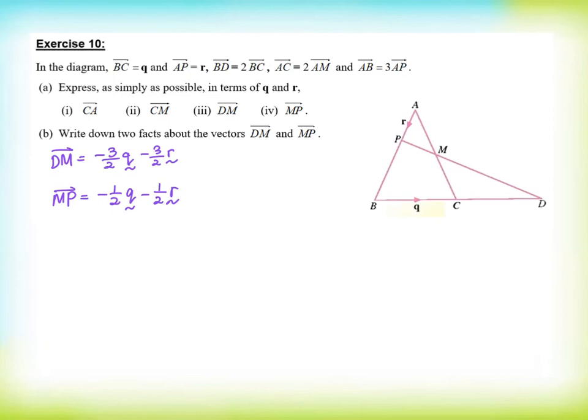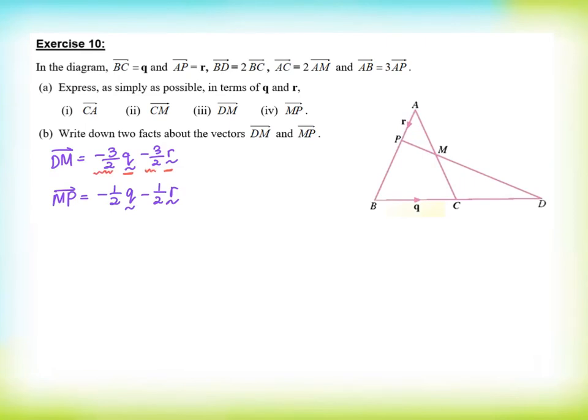Exercise 10B. Write down 2 facts about the vectors DM and MP. Now what do we need to do down here? I have this observation. DM is negative 3 over 2 units of Q minus 3 over 2 units of R. What do you notice about the vectors Q and R? They have the same scalar multiple over here.